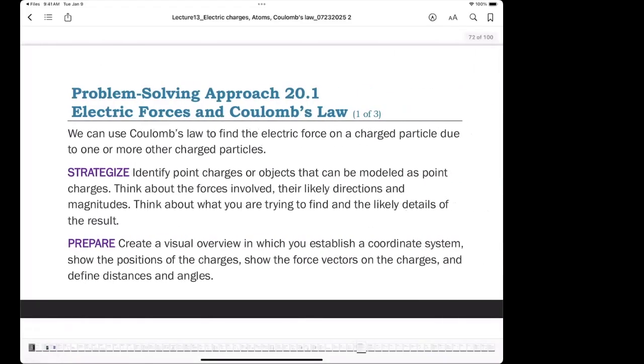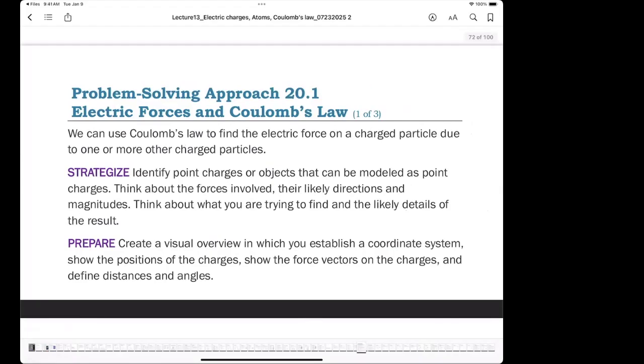Okay, let's talk about a problem solving approach for electric forces and Coulomb's law.